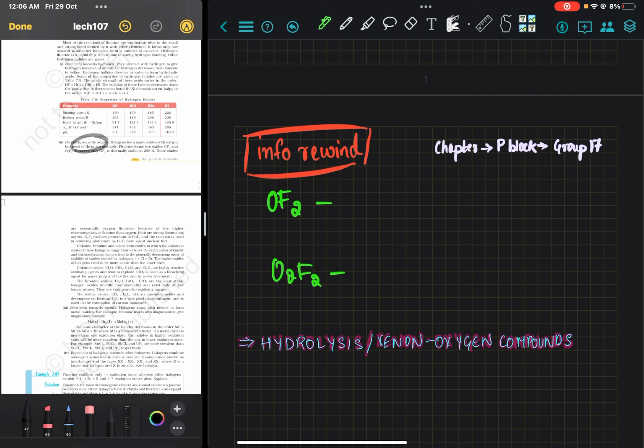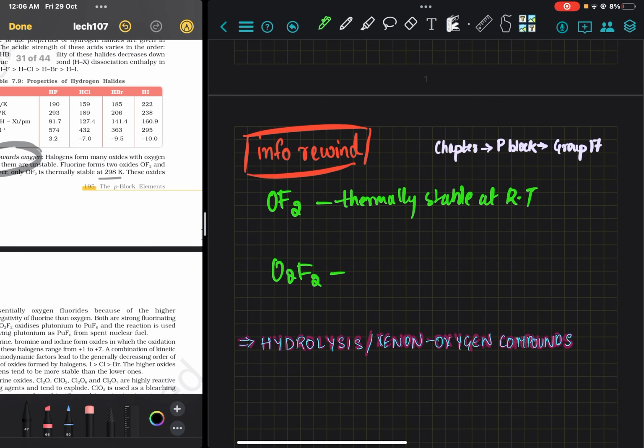We have to remember distinctive points, one each, about both fluorides. For OF2, we have to remember that it's thermally stable at room temperature, or you can also say up to 298 Kelvin. Out of the two, it is important to know which is thermally stable. For O2F2, we have to know that it oxidizes plutonium to plutonium hexafluoride.